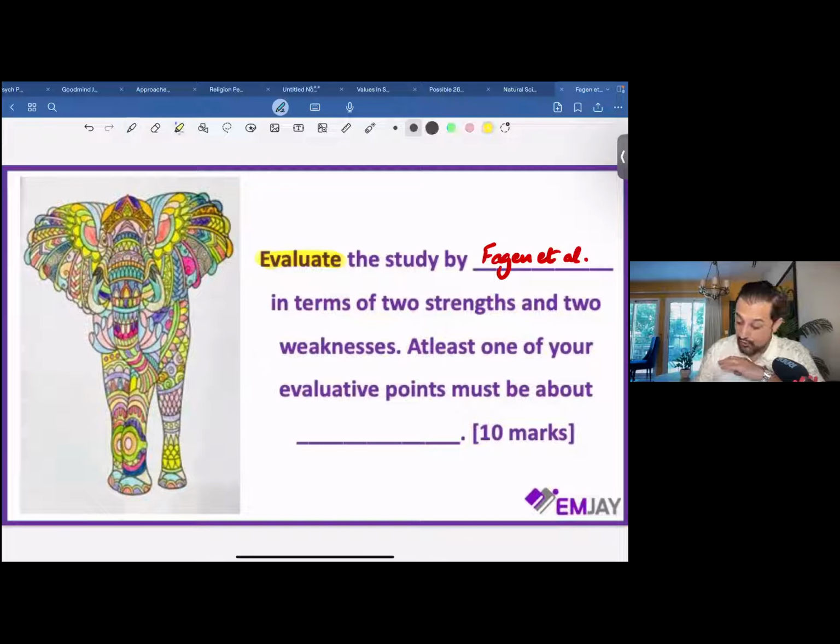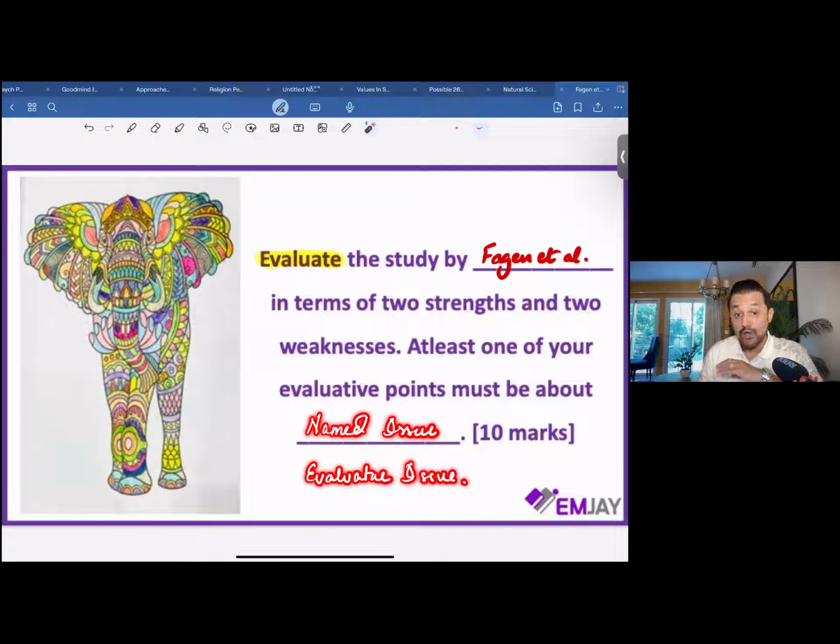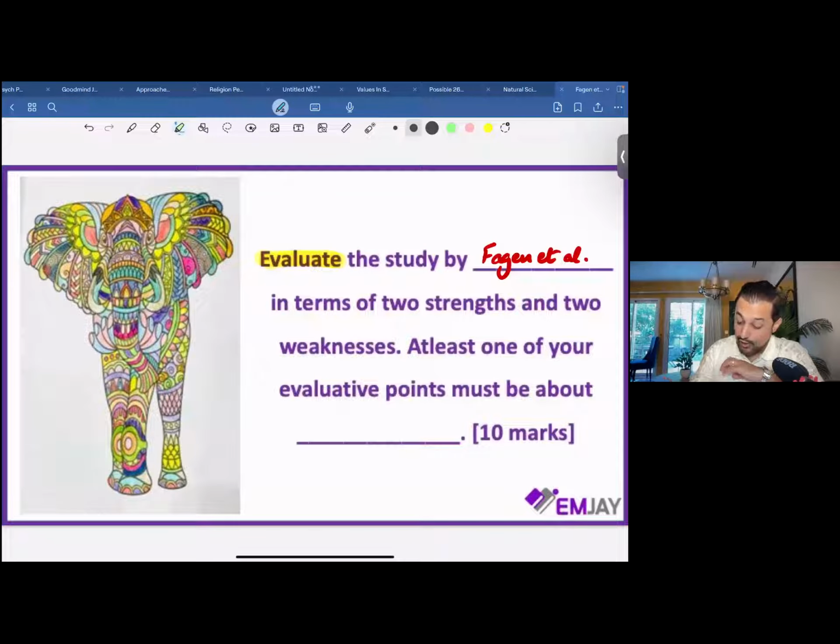At least one of your evaluative points must be about the named issue. You may refer to this as the named issue, or the evaluative issue. So if you understand this question well, we are getting a 10-mark question that is expecting us to evaluate a study in terms of two strengths and two weaknesses.